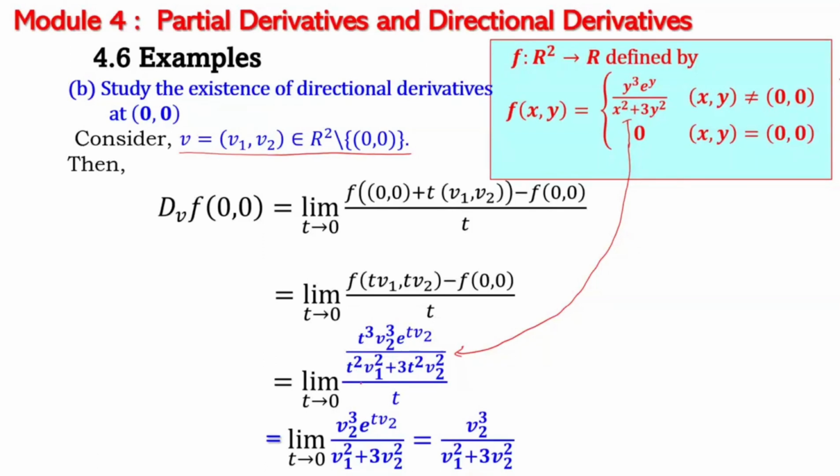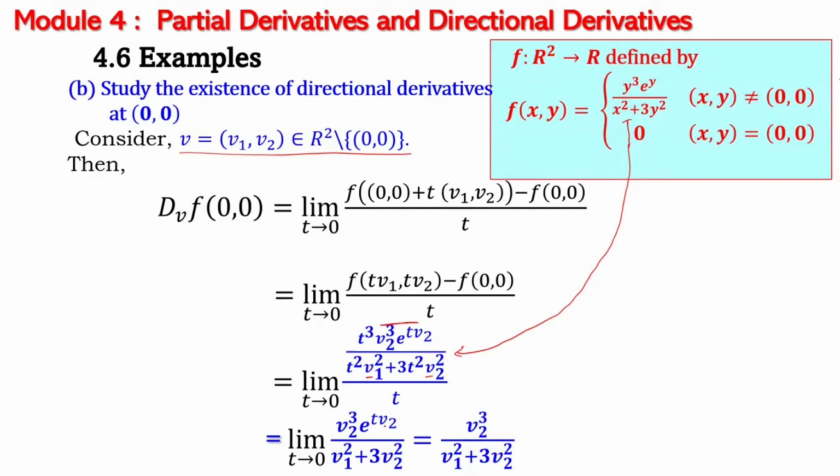If you simplify it, you will see t squared and t to the power 3, and one t cancels out. We are left with this part over v1 squared plus 3 v2 squared.